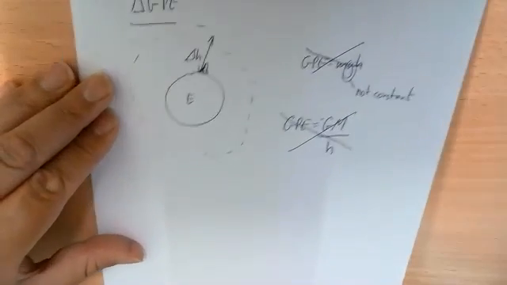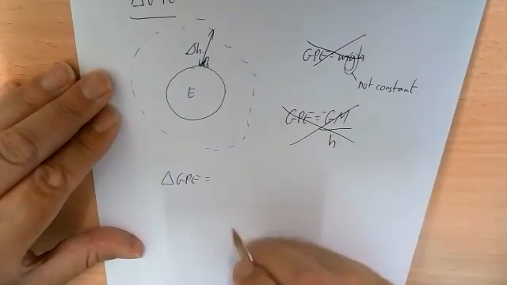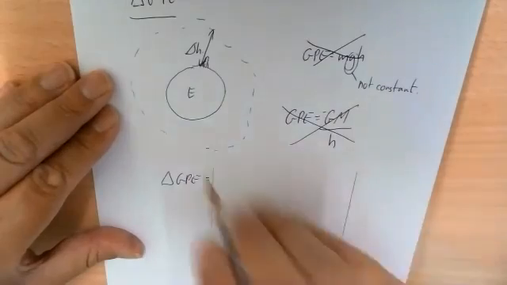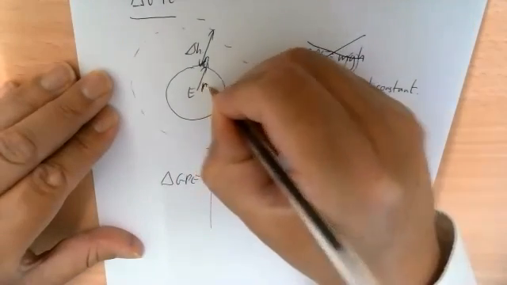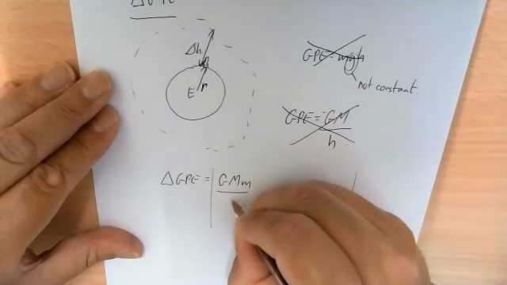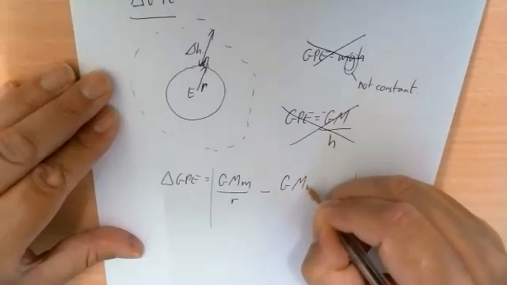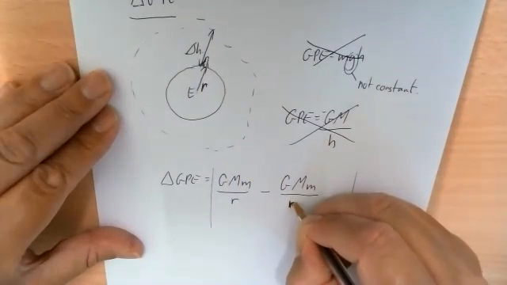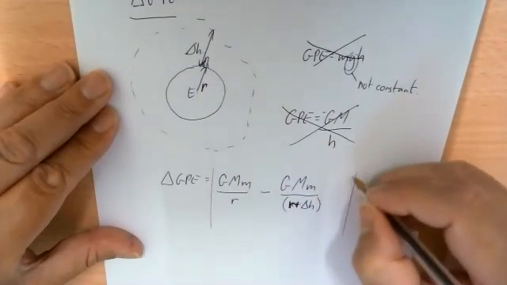That doesn't work. What you do to get the change in gravitational potential energy is you look at the two gravitational potential energies. You look at the difference between the gravitational potential energy at the radius r, so that's going to be big G times big M, little m over r, minus big G, big M, little m over the radius, which this time is going to be r plus delta h.